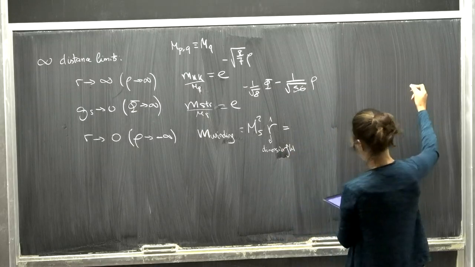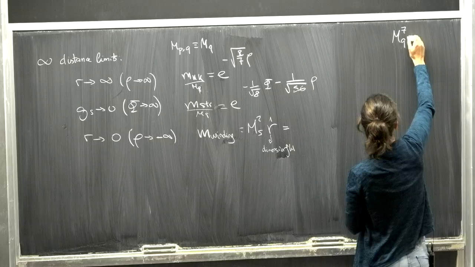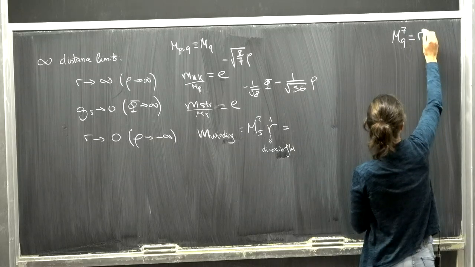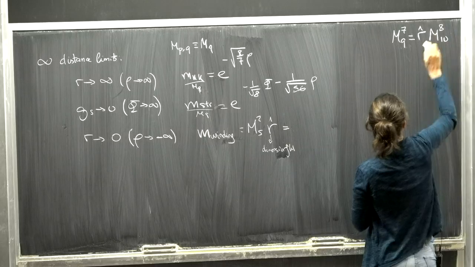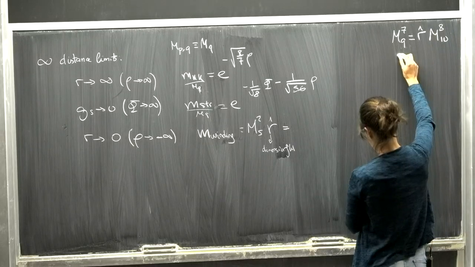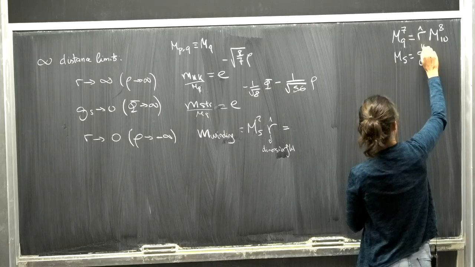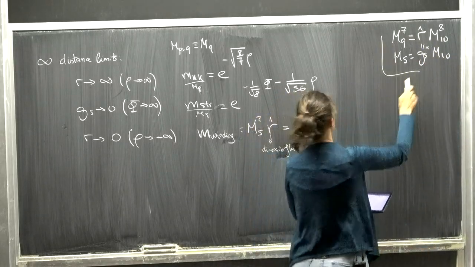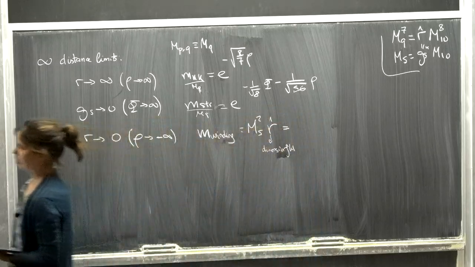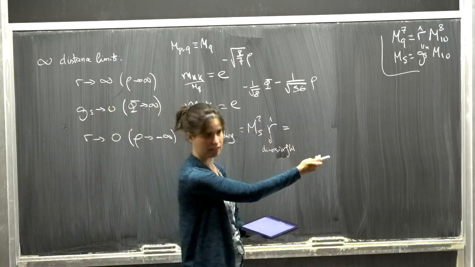So you can try to do it as an exercise. You just need to know these two equations. The 9-dimensional Planck scale is related to the 10D Planck scale this way with the radius, and the string scale is related this way with the Planck scale in 10 dimensions. So using these two things and the metric here, you can write all these masses in terms of the canonically normalized fields.